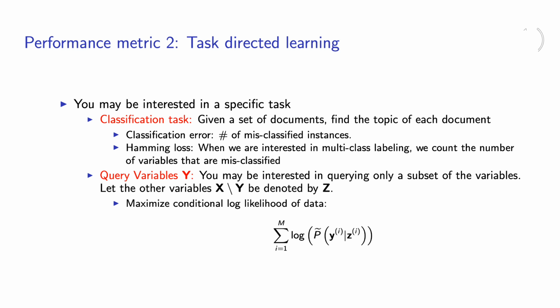Various task-directed metrics are used in practice, and there are a plethora of them. However, on this slide I'm going to describe only two such metrics, which are among the most popular ones. The first metric is for classification tasks.